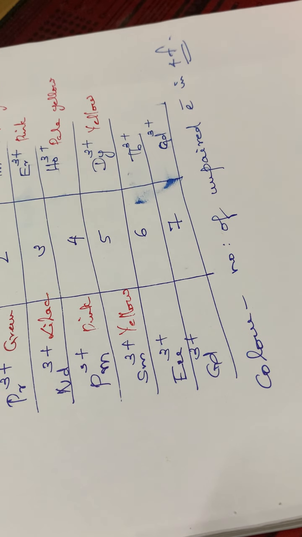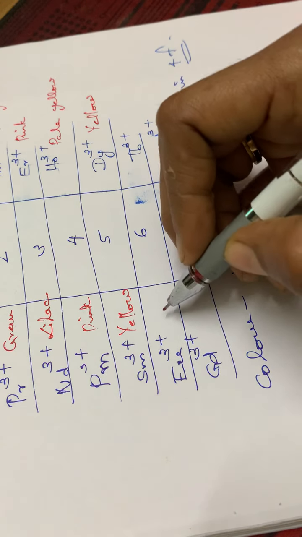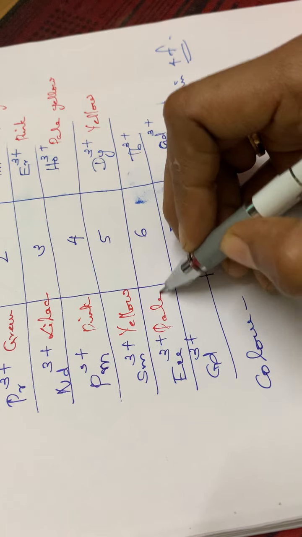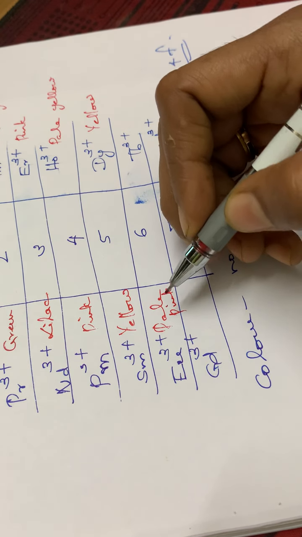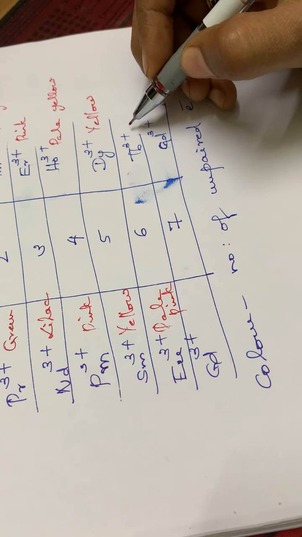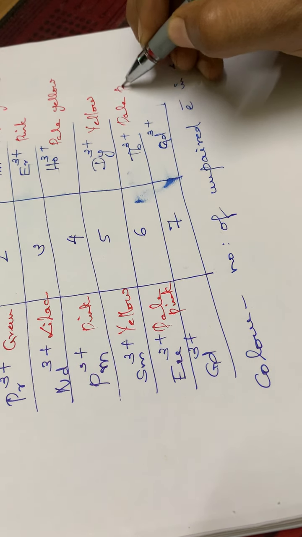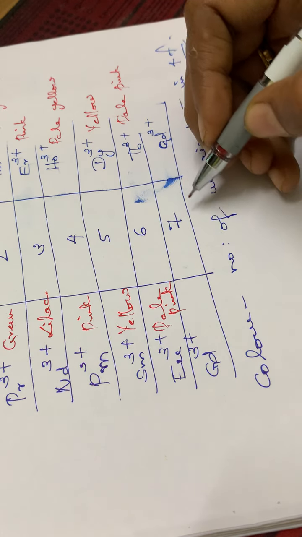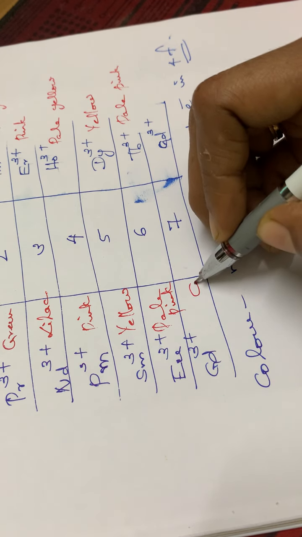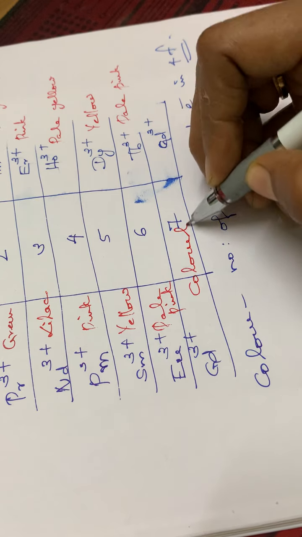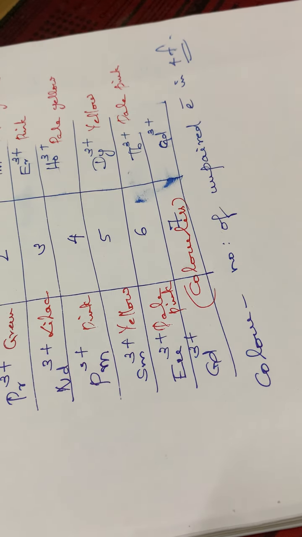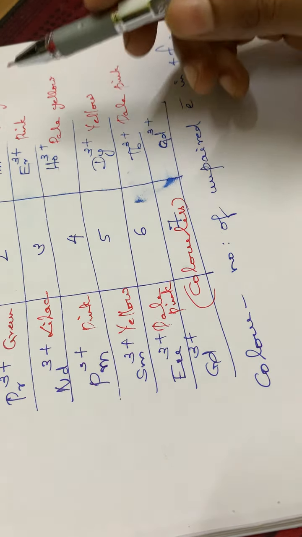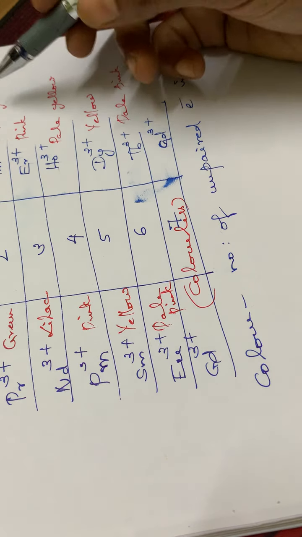Then for europium, it is 6 unpaired electrons, and the color is pale pink. Then for terbium, Tb3+, it is pale pink. But gadolinium, both of them are colorless. Okay.